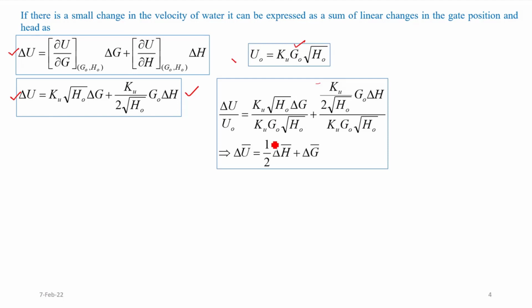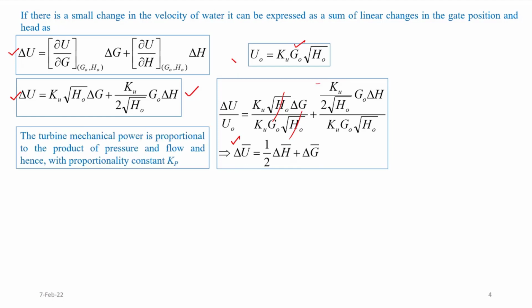After dividing and cancelling, this will become delta U bar, which is in the normalized form. Therefore I am writing delta U bar equal to half of delta H bar plus delta G bar. Okay, so H bar, G bar, and U bar are the normalized quantities.